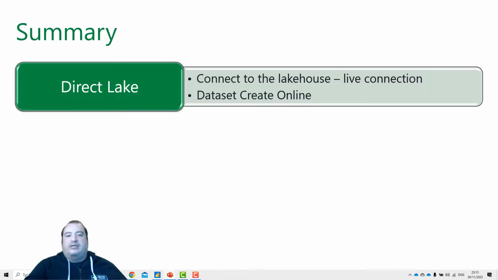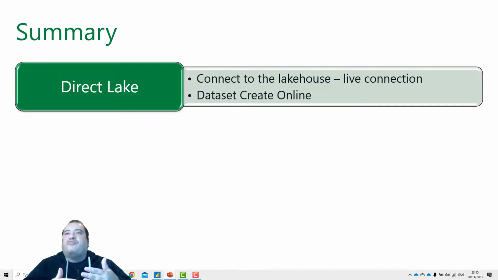DirectLake. DirectLake is when we connect to the Lakehouse, making a live connection. I'll be using the default dataset created automatically to gather the Lakehouse. Or I can create a new dataset only in the portal and connect to this new dataset.